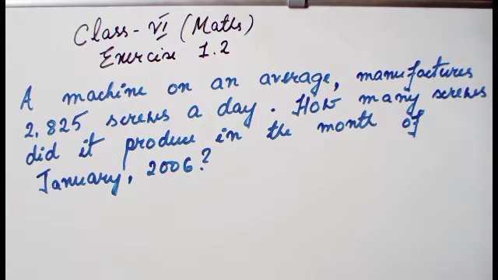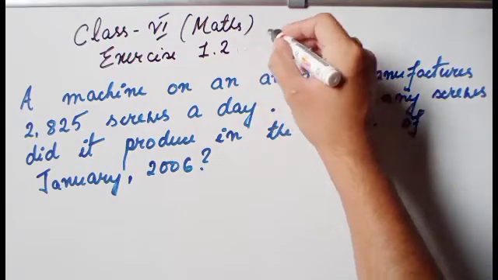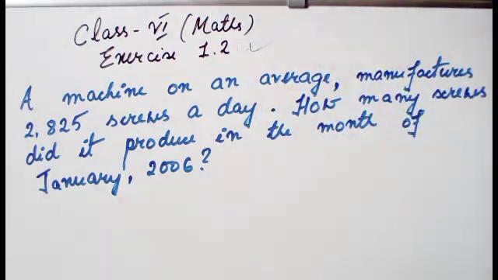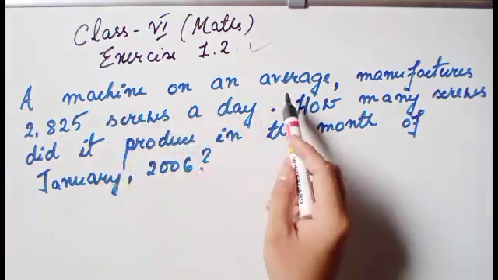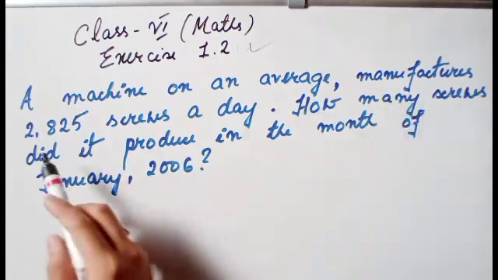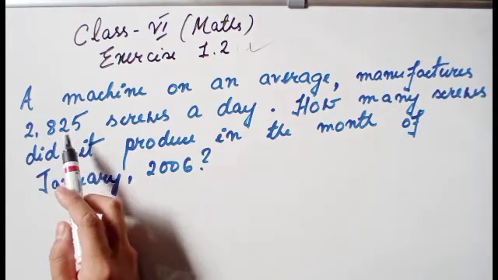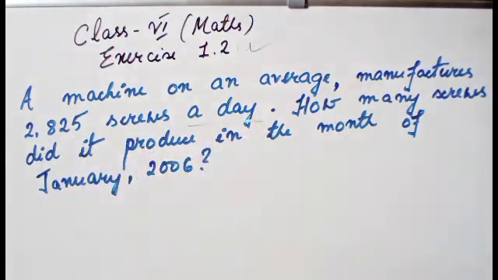So in this video, let us try to solve question number 6 of our exercise 1.2. And question number 6 says, a machine on an average manufactures 2825 screws a day.